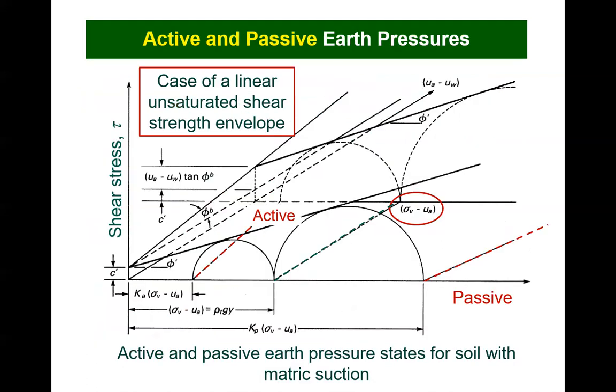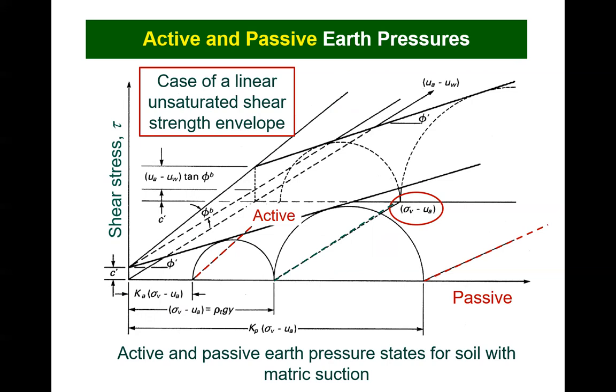Let us consider how active and passive earth pressures are influenced by matrix suction in the soil. The effect of matrix suction can be visualized by comparing the Mohr circles for a saturated soil with those for a soil with suction. The comparison is made for a particular selected vertical total stress sigma V. A soil with matrix suction behaves as though it is a soil with an increased cohesion intercept.